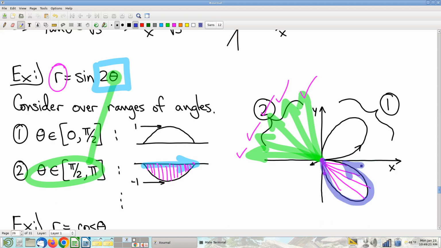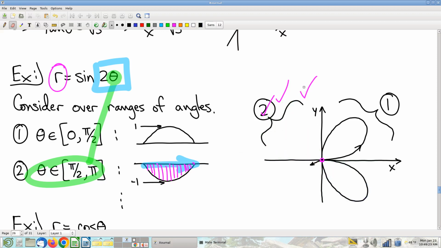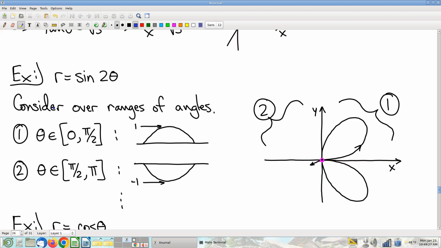Now, I think it's a nice exercise to keep going with this. I'm going to encourage you all to do that. Play through the remaining values of theta, and you can probably guess what's going to happen.